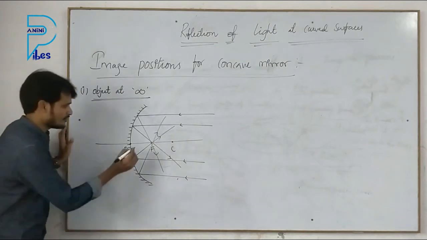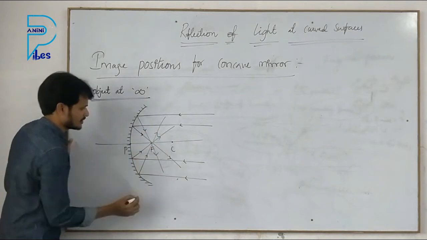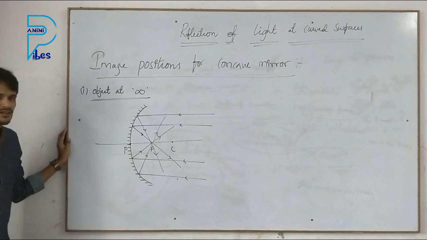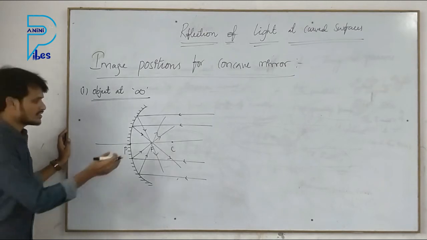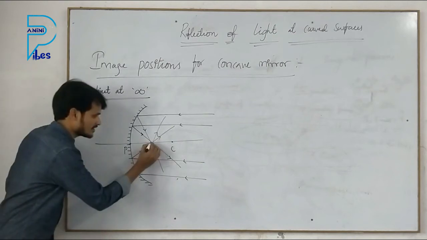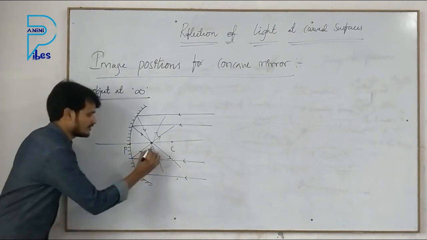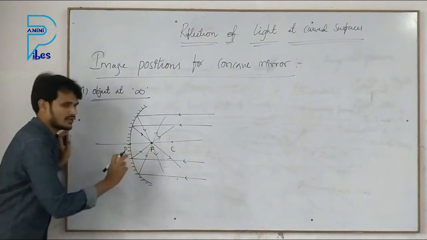See here, where all these reflected rays intersect. Converging reflected rays in a concave mirror can form a real image. Here all the converging rays intersect, so the image is formed at F.